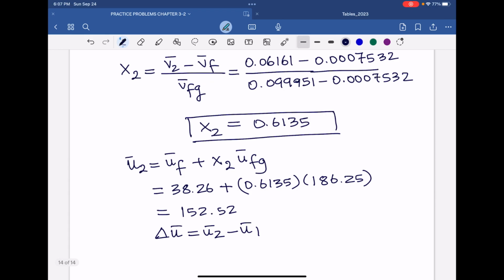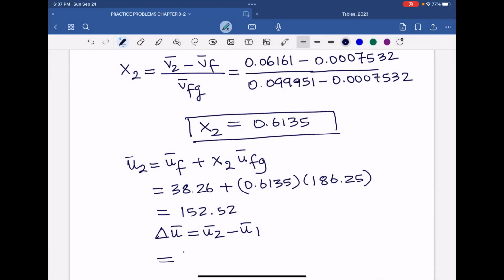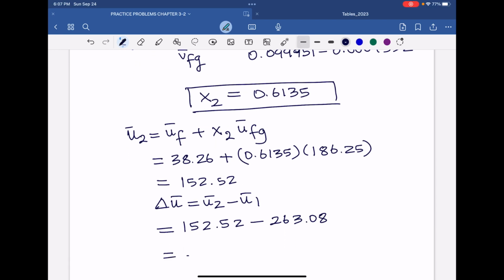Next thing is we need to subtract the first state from the second state, specific internal energy. And the final answer is there's a decrease in the internal energy of 110.6 kilojoules per kilogram. And that finalizes our problem.